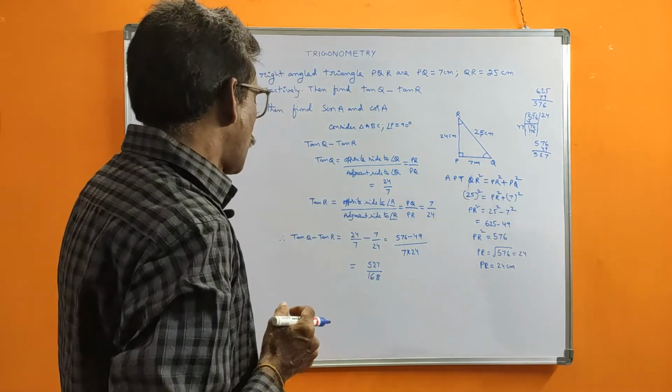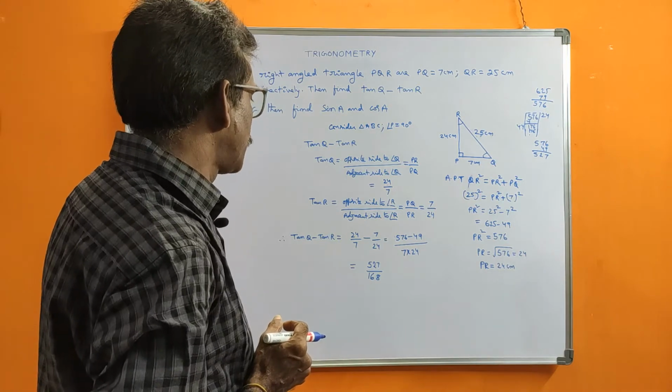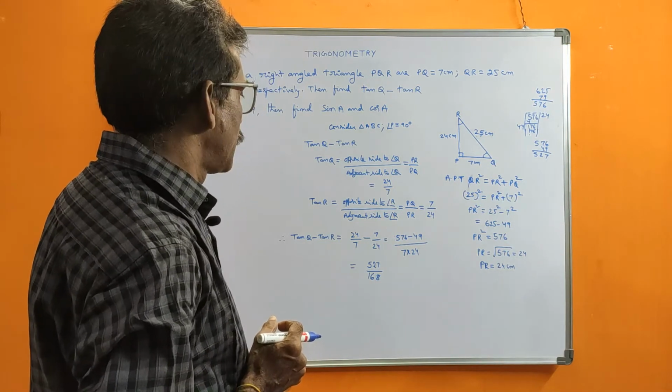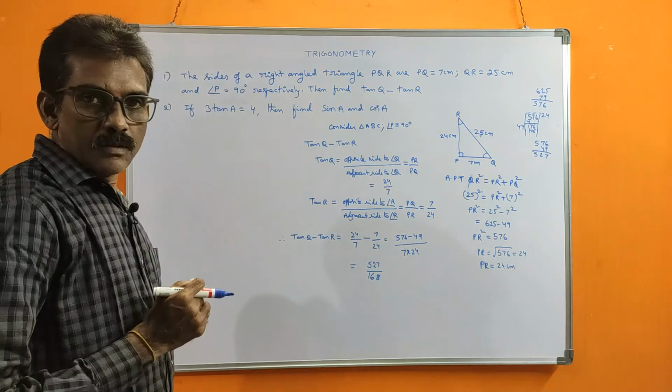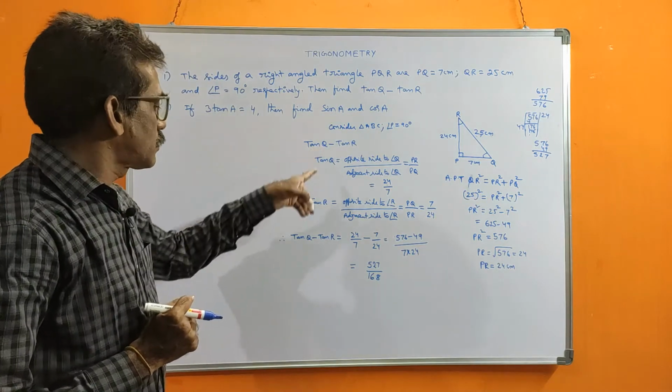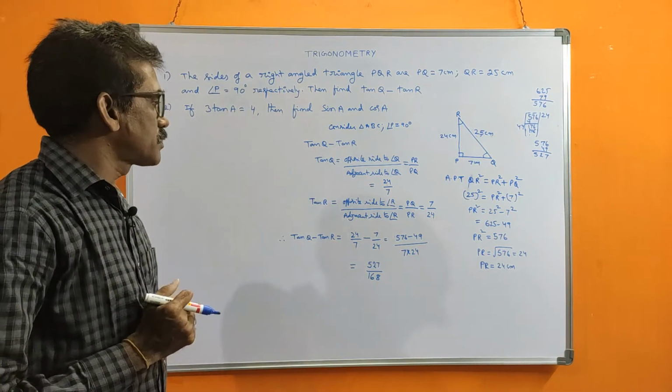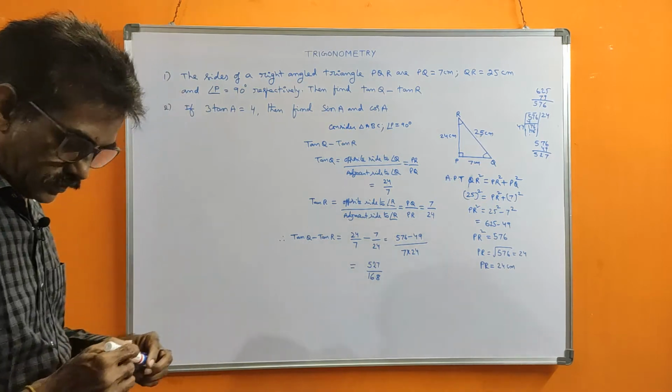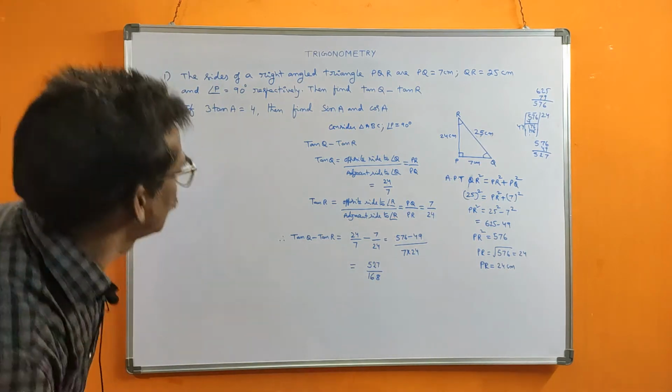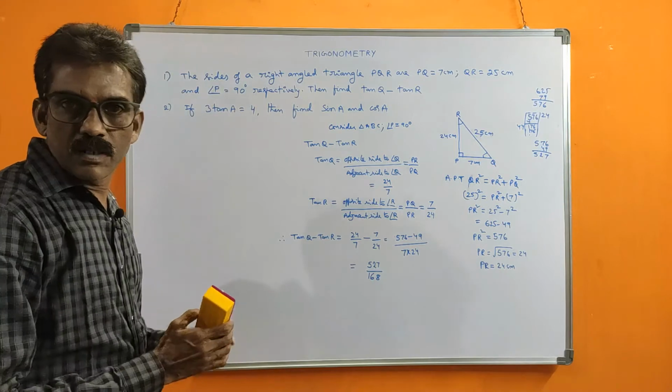So the total answer is 527 by 168. What he asked, only that you write lastly after substituting the values. The next sum. Understood everyone?